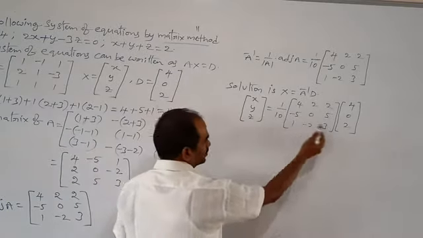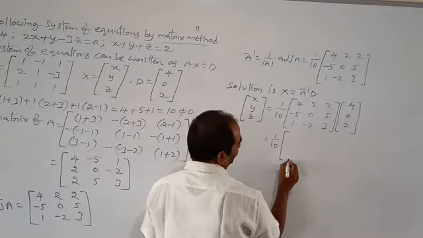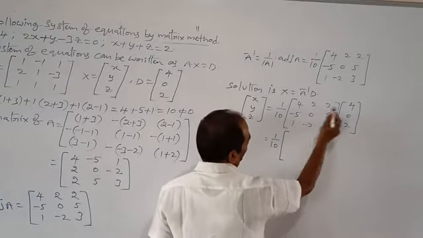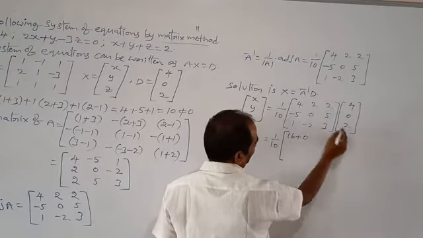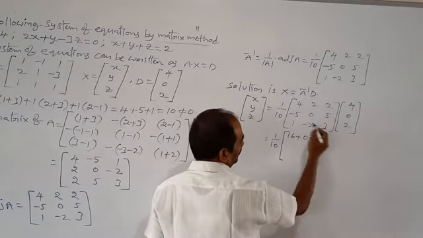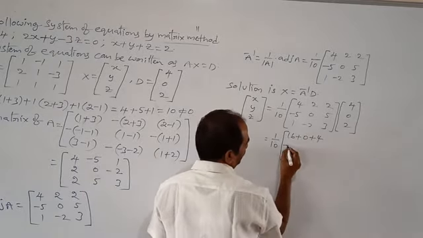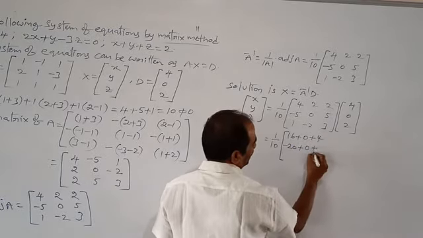Next, multiply these two matrices, so that is equal to 1 by 10 into the following. First row into the column: 4 into 4 is 16, 2 into 0 is 0, 2 into 2 is 4. Second row: minus 5 into 4 is minus 20, 0, 5 into 2 is 10.